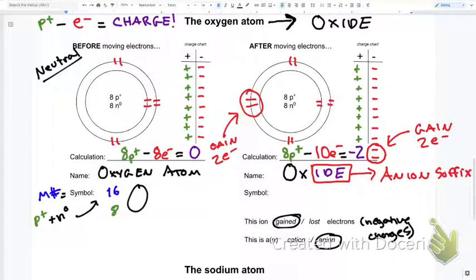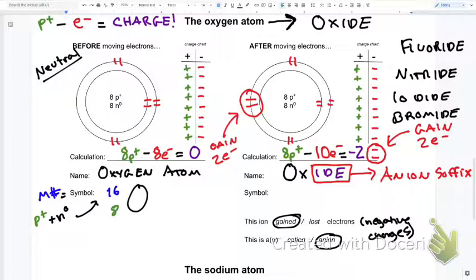So if I tell you, oh, there's fluoride, well, that IDE tells me that it's a negatively charged atom of fluorine. If I see nitride, IDE tells me that I have a negatively charged atom of nitrogen.